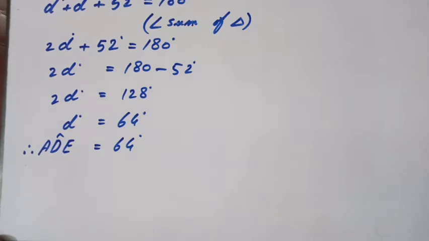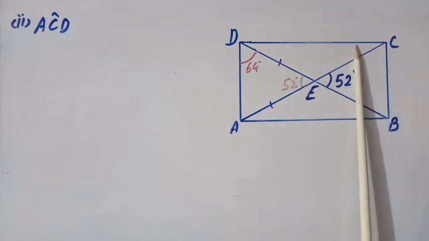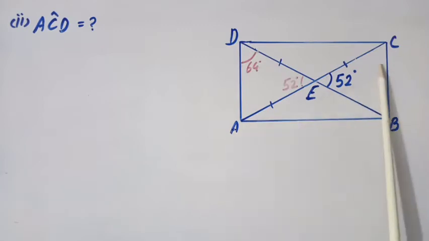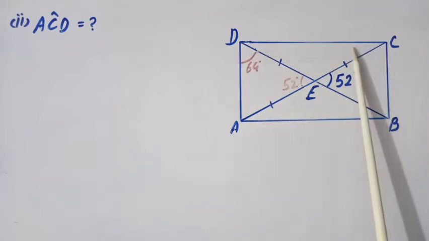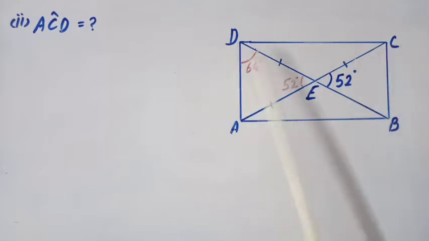Now the second part, in which we have to find out angle ACD. This much we have to find out. To find out the angle ACD, this angle, we have to consider the triangle CDE.